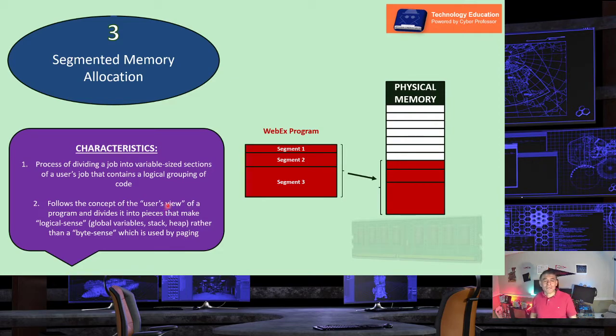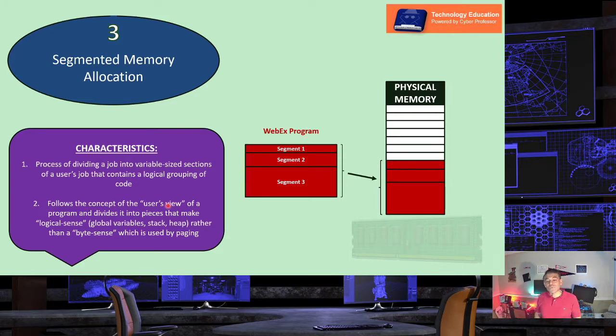So here, we divide a job into segments because we want to create different chunks within our job that make the most sense based on the way that the program or the job is behaving or is working.